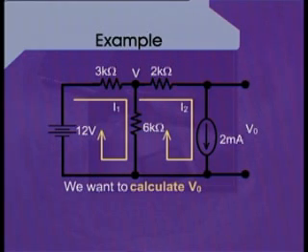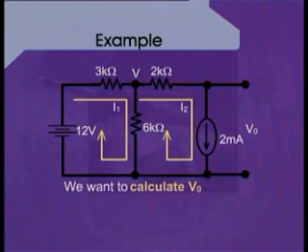For mesh 2, we also have shown the path of the current passing through this mesh, and coincidentally this is the same path which has been used into the current source.